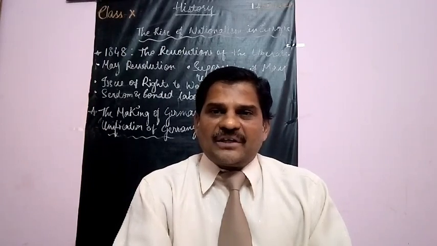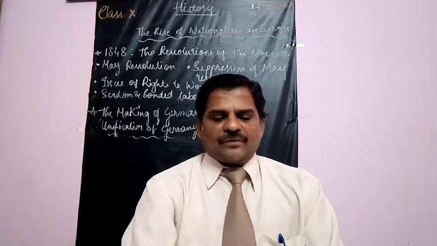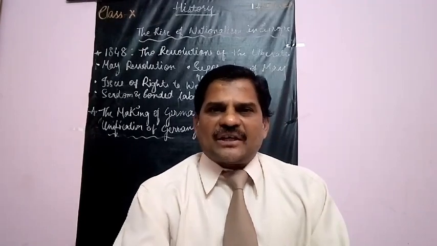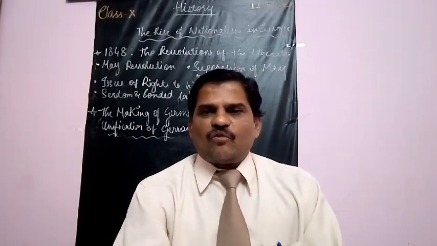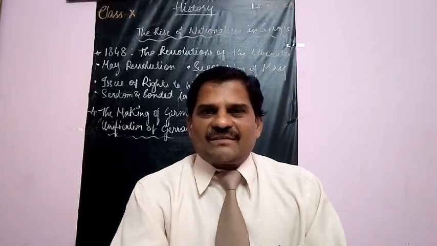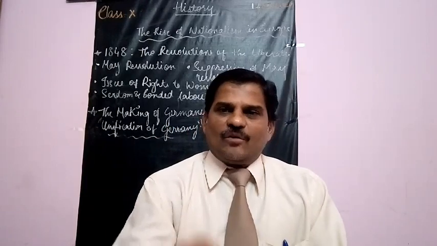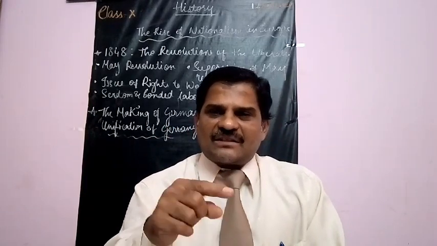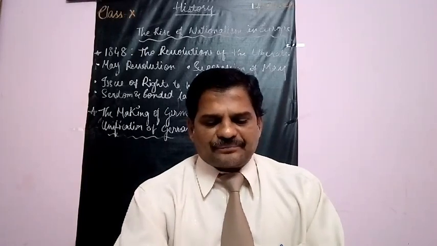So the unification task was taken by Prussia, whose unification? German unification. And its chief minister Otto von Bismarck was given the task by William I, the ruler of Prussia.